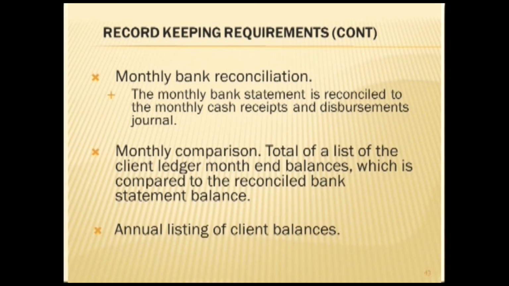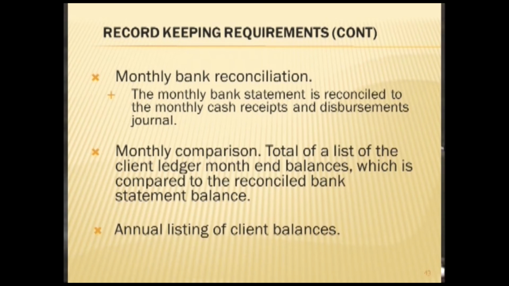The monthly comparison is a total of the list of all the ledgers and their month-end balances, and that is compared and must agree with the adjusted ending balance for the month for the Cash Receipts and Disbursements Journal and the reconciled bank balance. The reconciled bank balance, the adjusted month-end total of the cash receipts and disbursements journal, and the total of the monthly comparison must all agree.